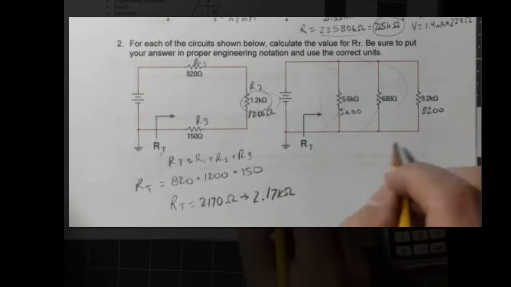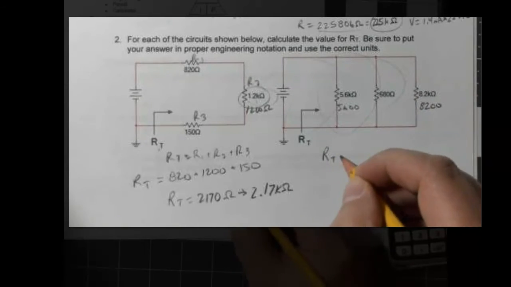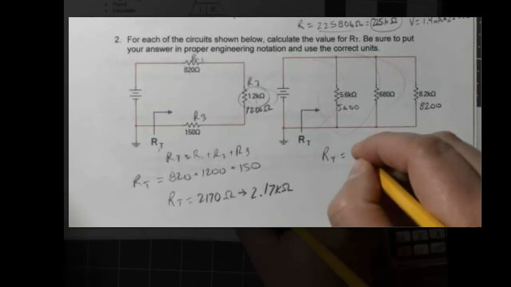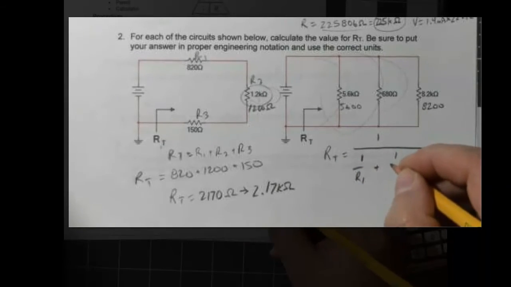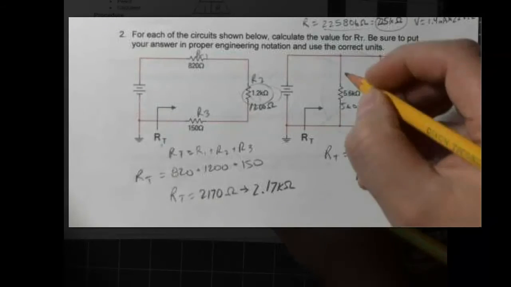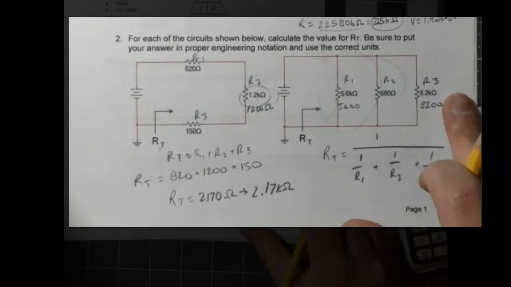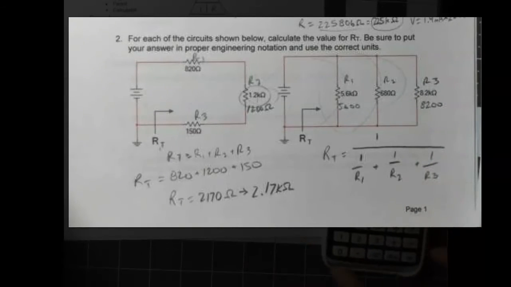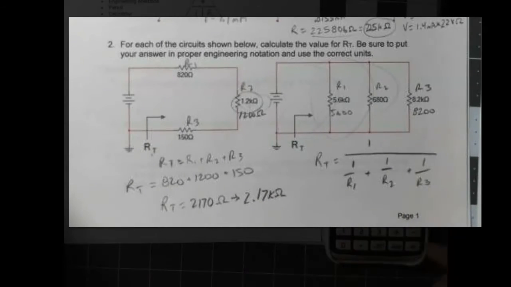When we're calculating the total resistance for a parallel circuit, it's going to look like this: 1 divided by 1 divided by R1 plus 1 divided by R2 plus 1 divided by R3. We can say this is R1, R2, and R3. Okay, we'll plug that into our calculator. Let's plug in these numbers first. So 1 divided by 5600.